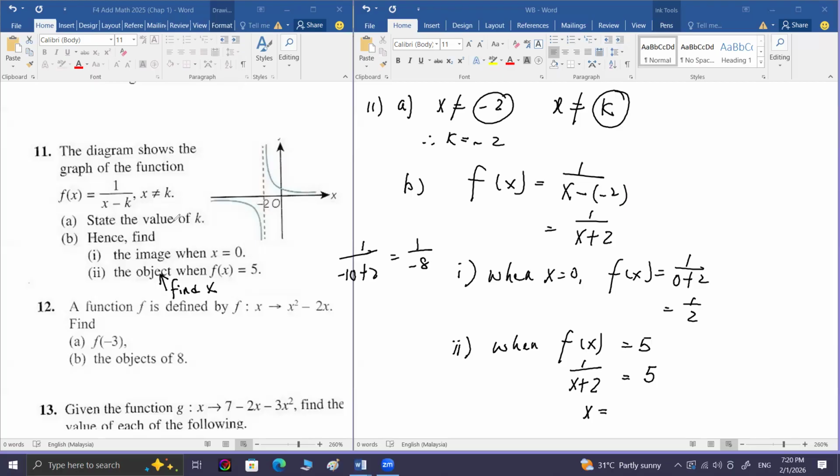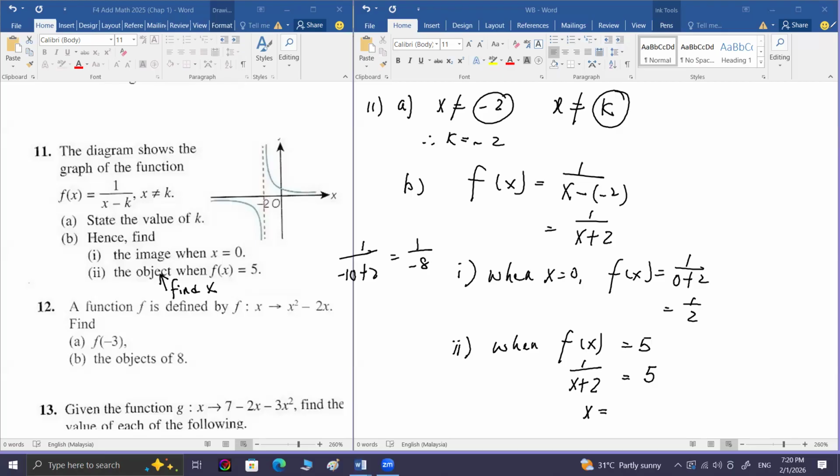Wait, you apply with 1 per alphabet X plus 2. Then alphabet equal. Then you tell 5. Shift, solve with the answer. Negative 1.8.